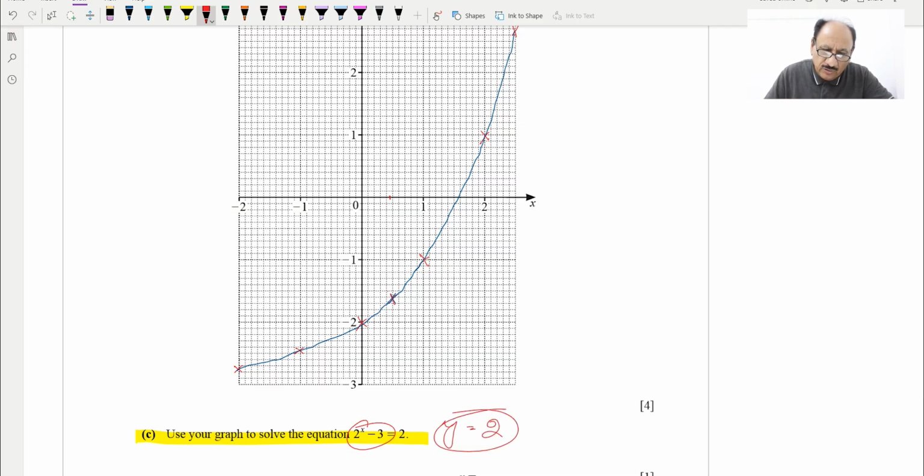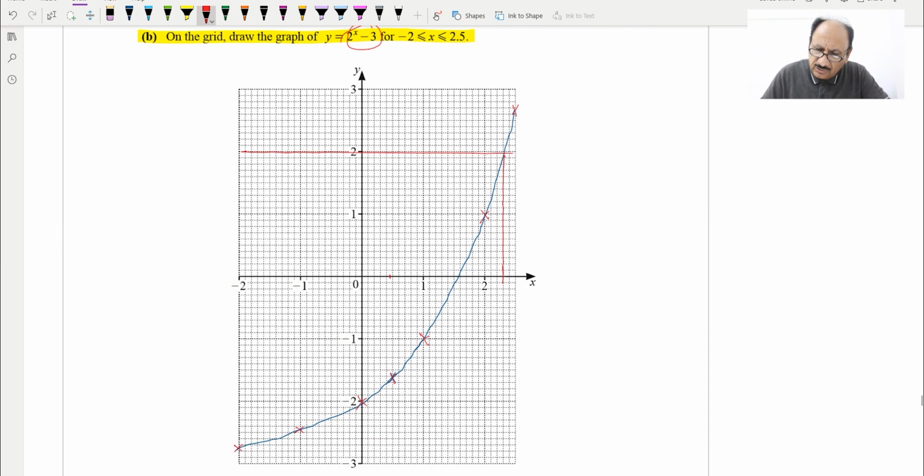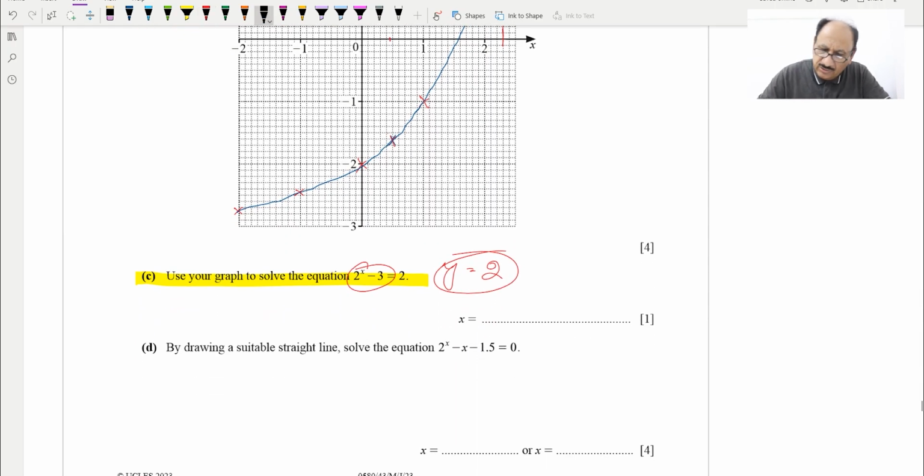If we draw the y is equal to 2 line, it will be over here, and we can check the x value from here, which is 2.3 basically. So a little variation is acceptable in graph questions. So 2.3 will be the answer for 1 mark.